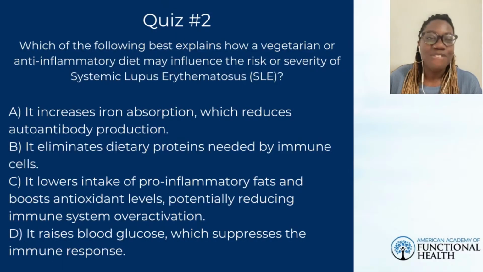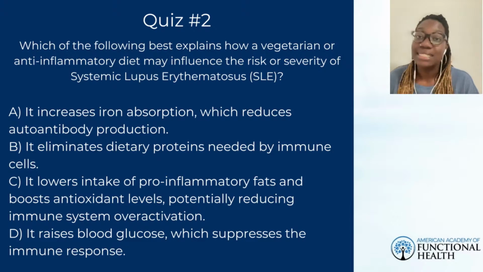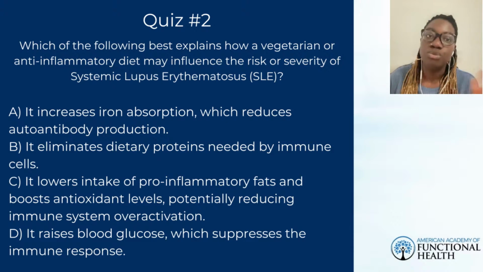All right, so now let's have our second quiz. Quiz number 2. Which of the following best explains how a vegetarian or anti-inflammatory diet may influence the risk or severity of lupus? Option A, it increases iron absorption, which reduces autoantibody production. B, it eliminates dietary proteins needed by immune cells.